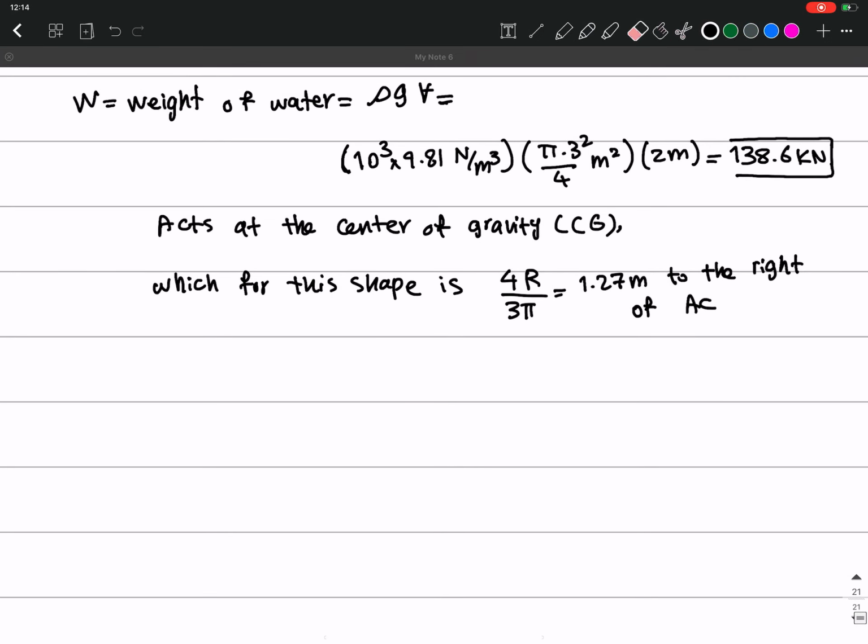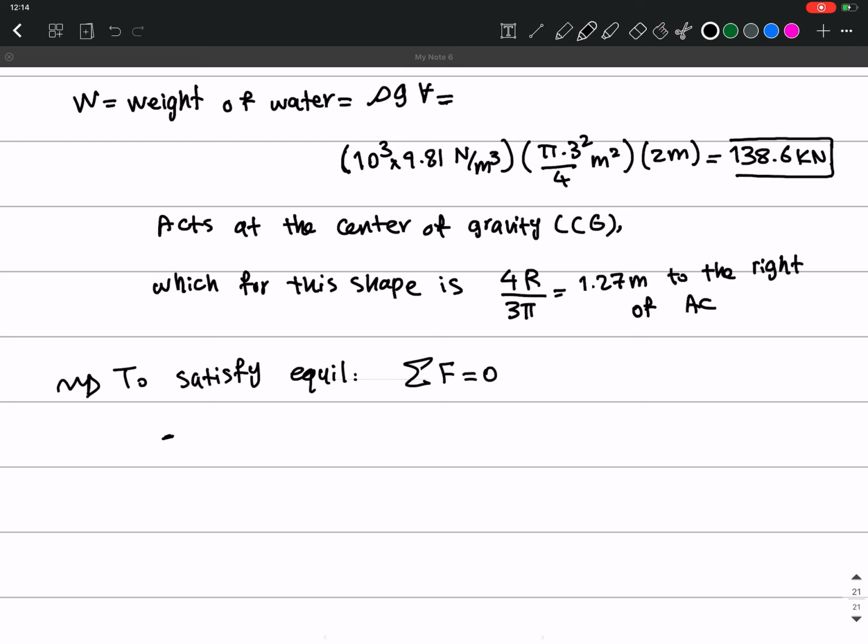To satisfy equilibrium, the sum of all forces should be 0.